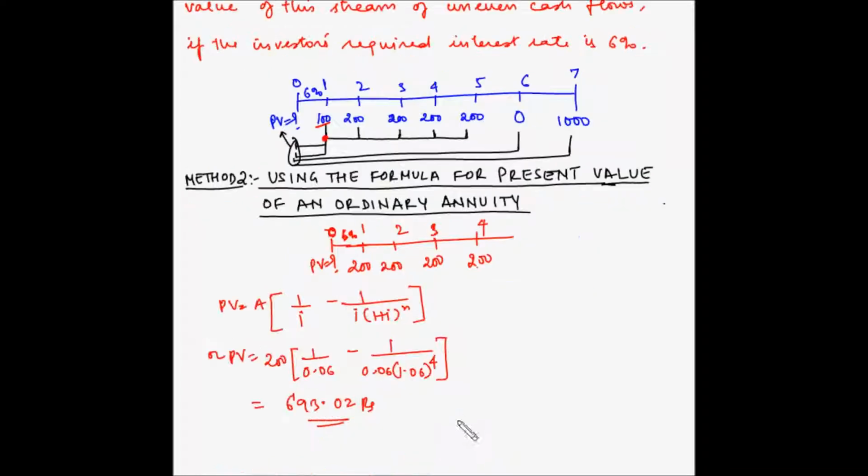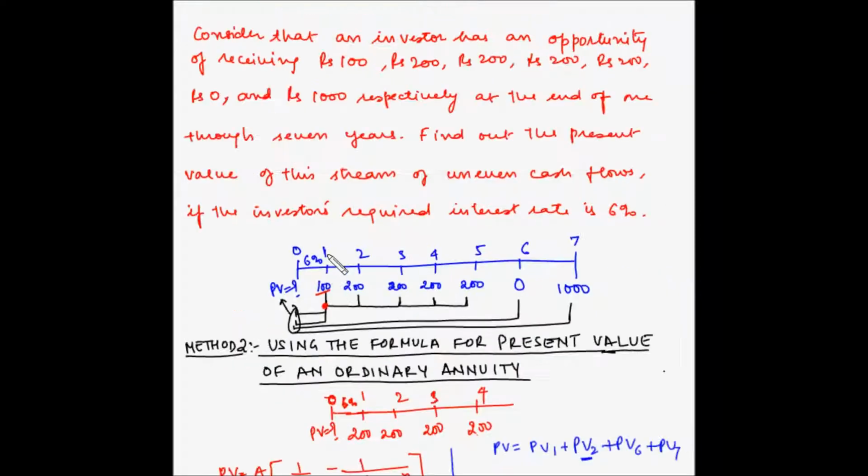So basically PV now is equal to PV1 plus PV2 plus PV6 plus PV7. I'm considering PV2 as the PV for this whole portion.